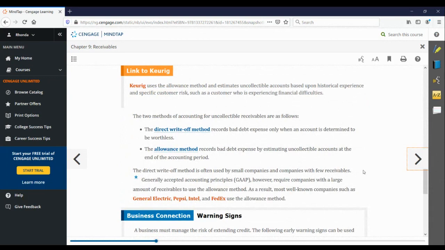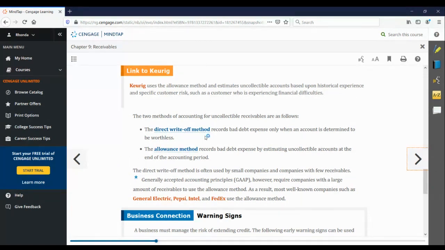There will be two methods that we use in this chapter to record uncollectible accounts. The first method is what we call the direct write-off method, and the second method will be what we call the allowance method.